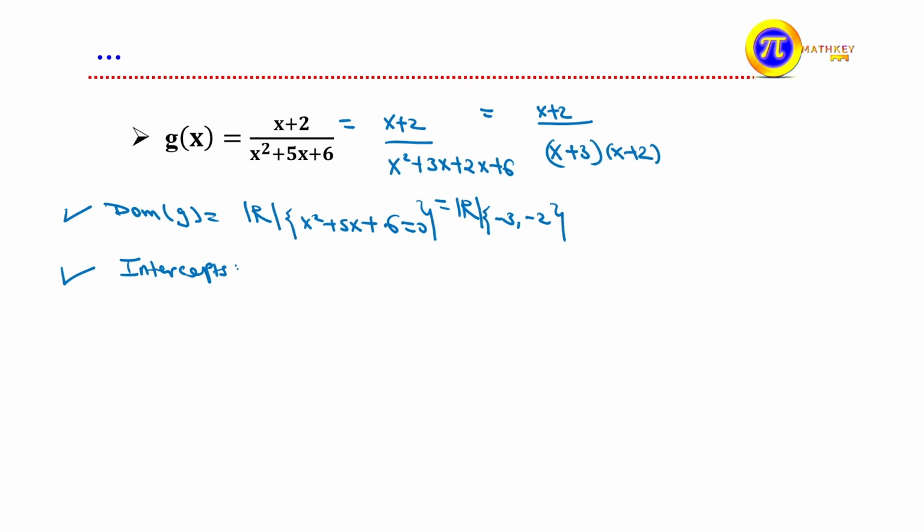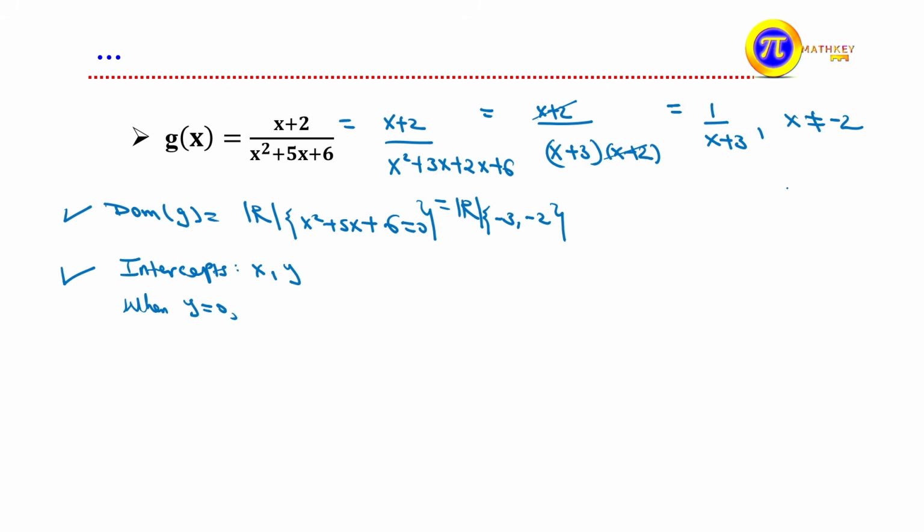In the case of intercepts, as we said, we have x and y intercepts. How can we find them? When the value of y is equal to 0, we can find the x-intercept. But here we can simplify it. When simplifying, we cancel x plus 2 by x plus 2, which gives 1 over x plus 3, with x different from negative 2.